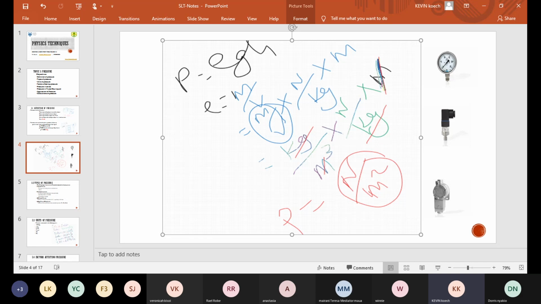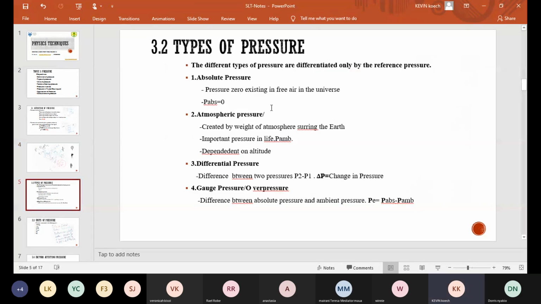Then the meters cancel, you remain with meter squared, the kg cancels, and you remain with Newton as a numerator and meter squared as a denominator. So that is fine.